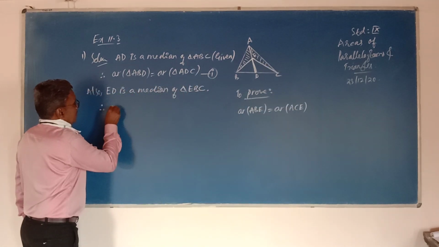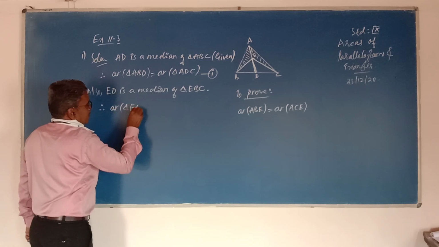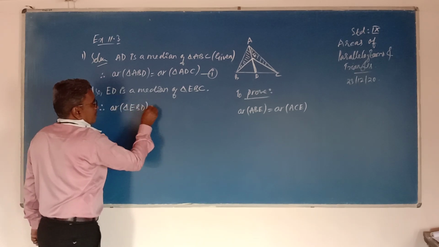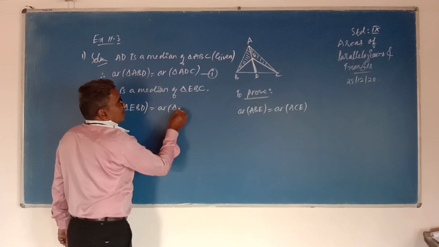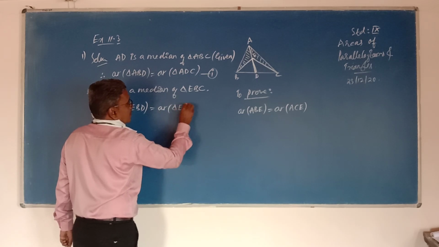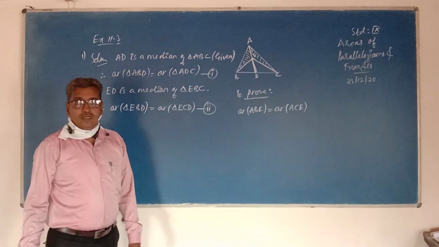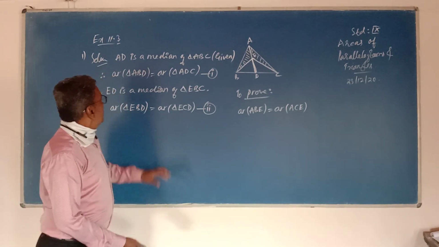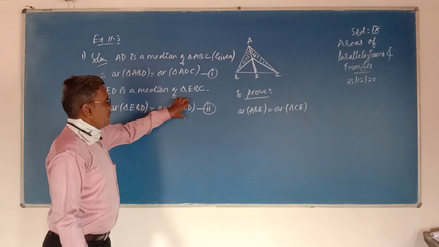That is, area of triangle EBD is equal to area of triangle ECD. Let's call this equation number 2. So here ABD is equal to ADC, and EBD is equal to EDC.